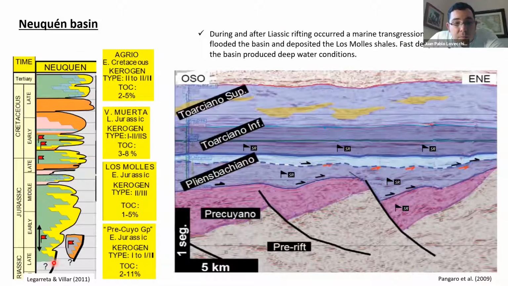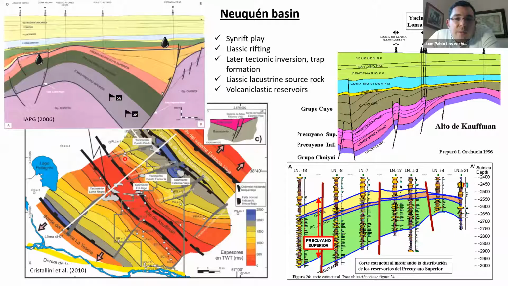We will focus on the syn-rift sequences here at the bottom, which is what we call the Precuyo or Precuyano cycle, responsible for rifting and the formation of half grabens that can be filled either with volcanics or with lacustrine sediments. For example, here in the Neuquén Basin, we have an example of a half graben. This structure here formed by this fault would be this one.